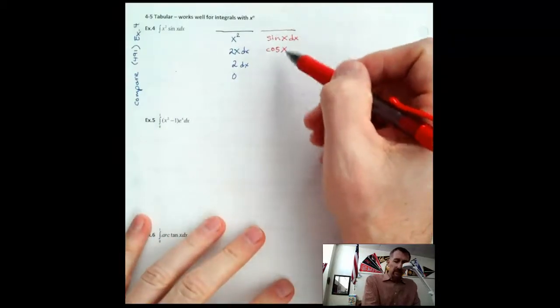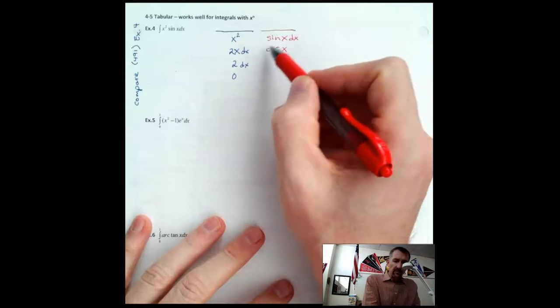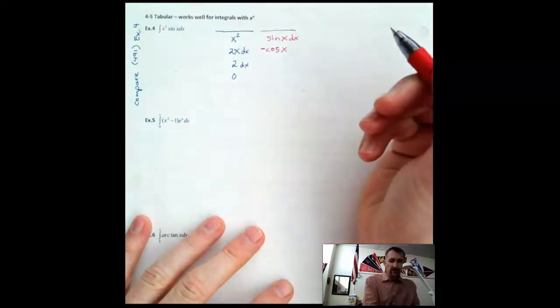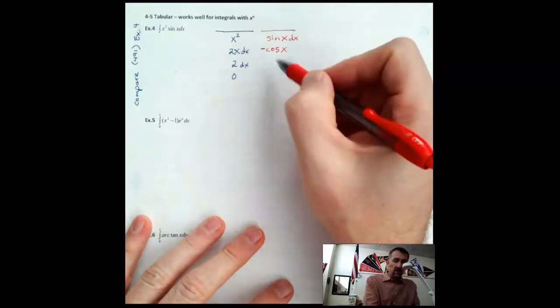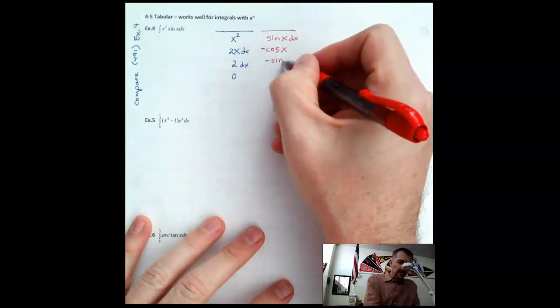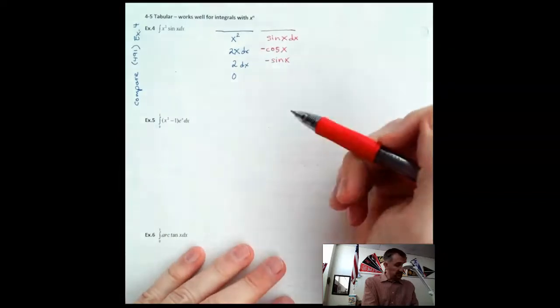So on this side we're integrating. If we integrate that, the derivative of cosine is negative sine, so this would have had to be negative for that to be okay. Now if we integrate that, the integral of that is going to be negative sine, because the derivative of sine is cosine, but it's negative, so it needs to stay negative.